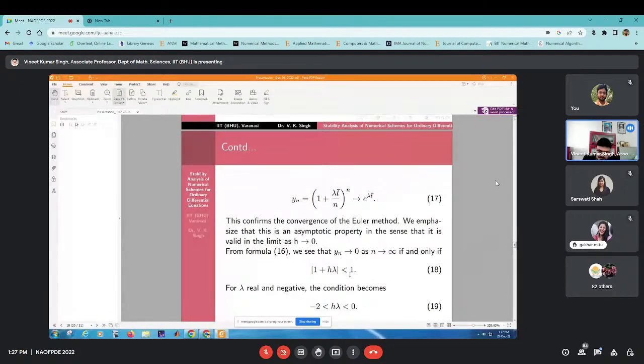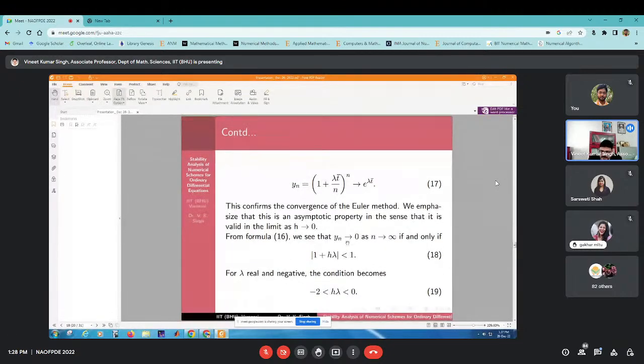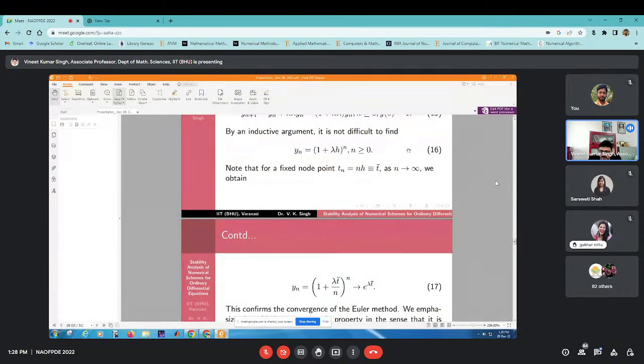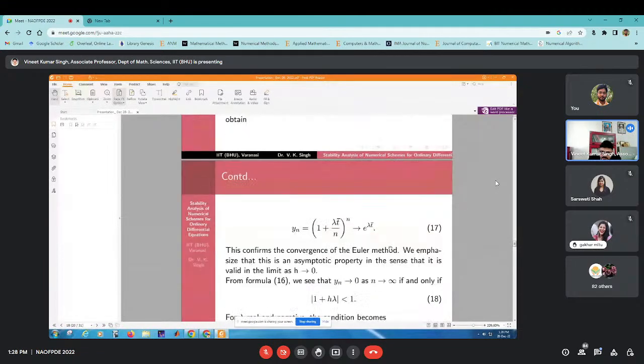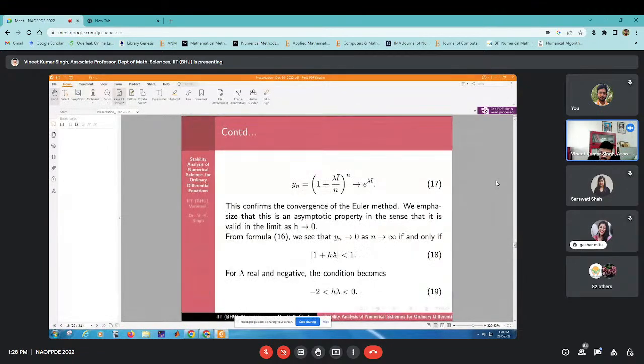Now, what are the assumptions? The solution, equation number 16, tends to 0 as n tends to infinity if and only if this condition holds: |1 + sλ| less than 1. Means equation number 18 must hold to verify that Yn tends to 0.